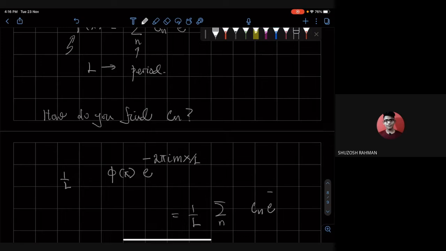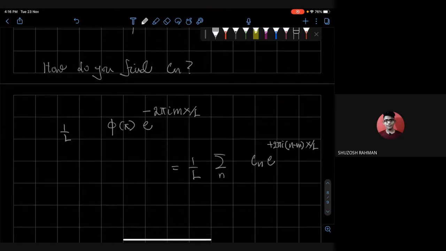And on the right-hand side, we have as a result e to the power plus 2 pi i (n minus m) x over L. And then we integrate both sides over the period. It could be from 0 to L or minus L by 2 to plus L by 2. It's your choice. Doesn't matter. And on both sides.